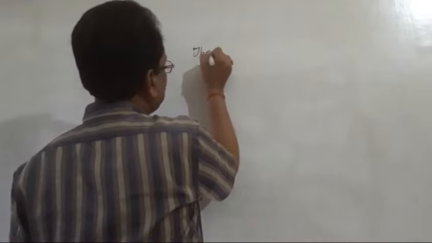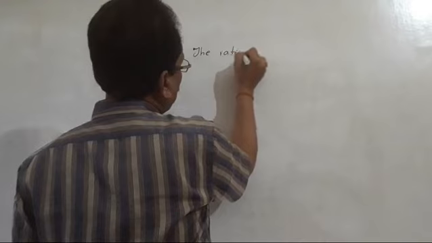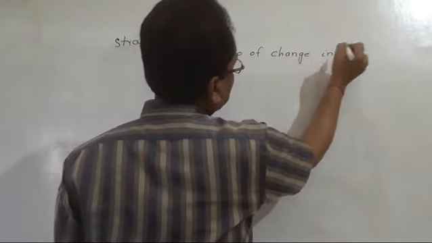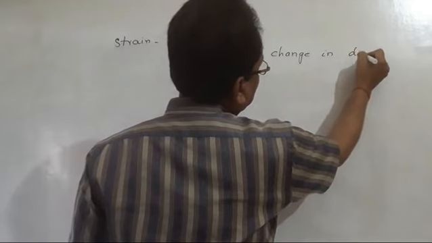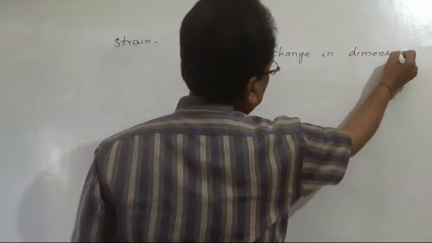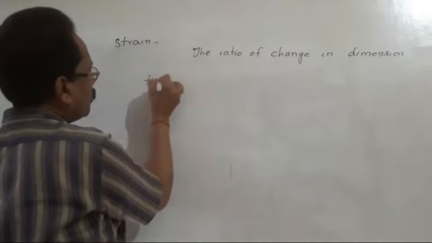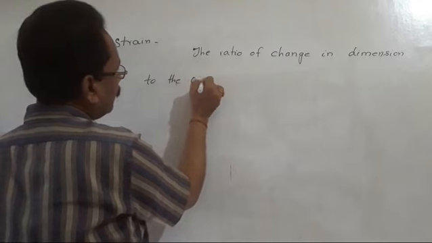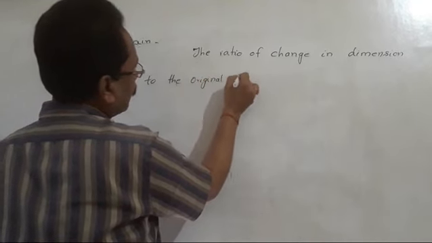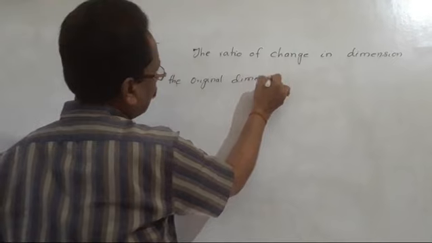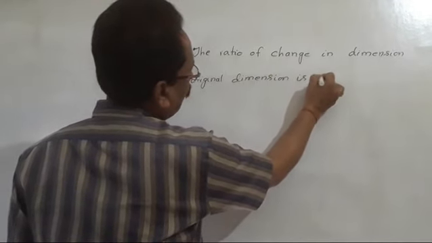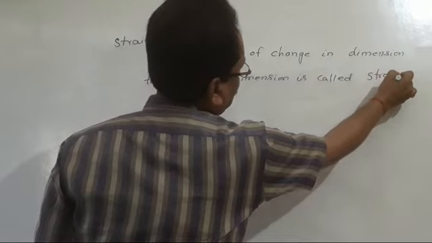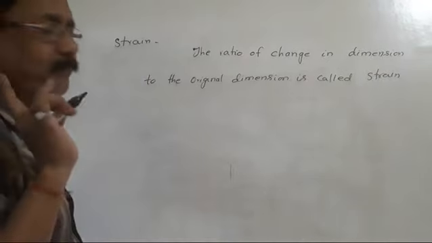The ratio of change in dimension to the original dimension is called a strain. Okay.